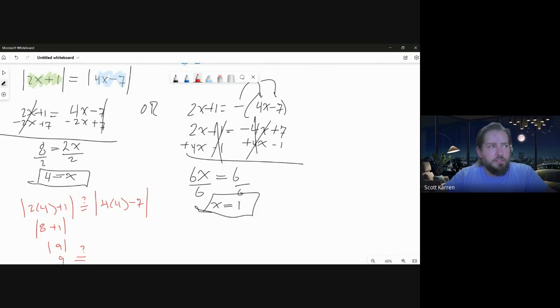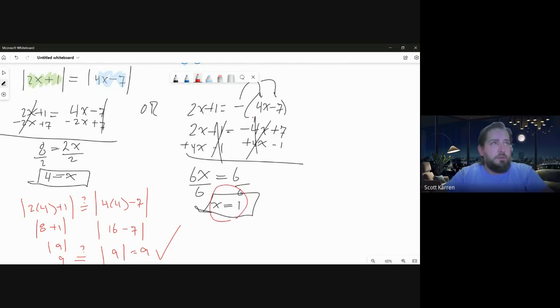On the right side, 4 times 4 is 16, and 16 minus 7 is 9. So in this case, they were the same. The absolute value of 9 is still 9. This guy checks out.